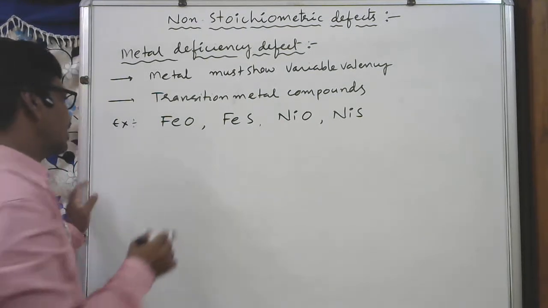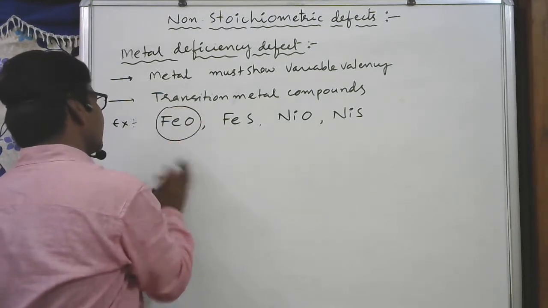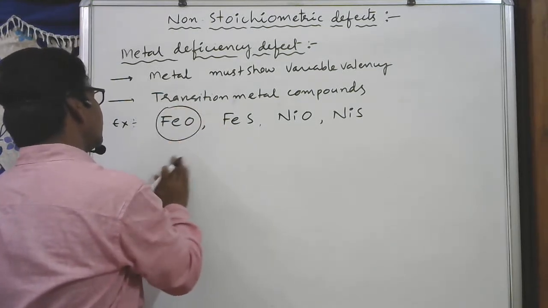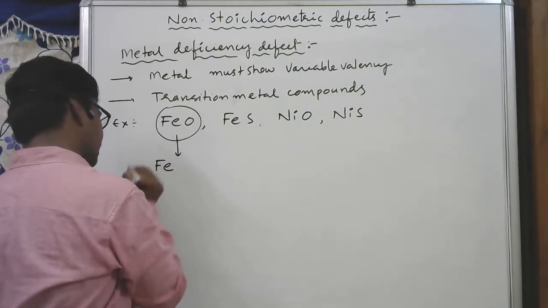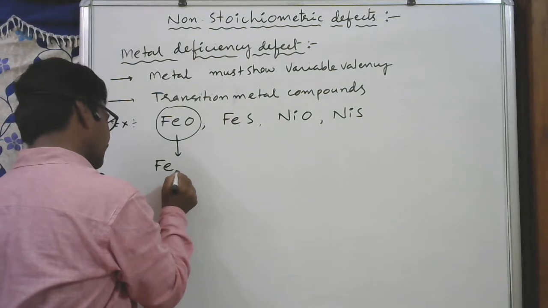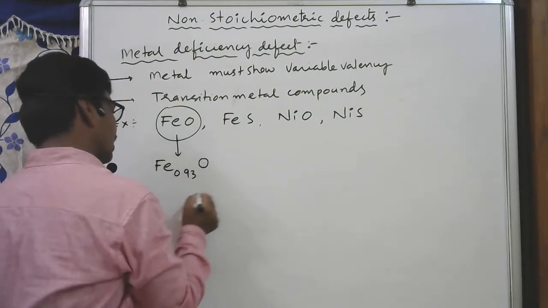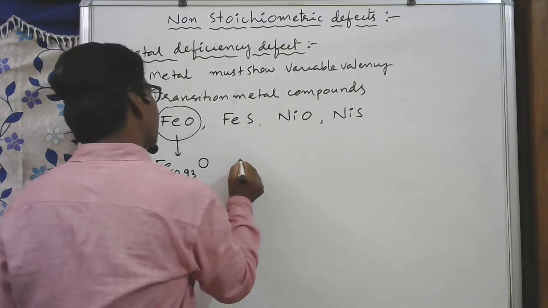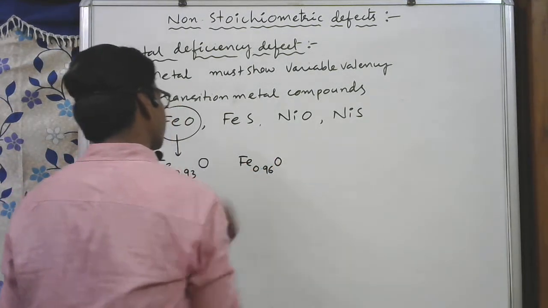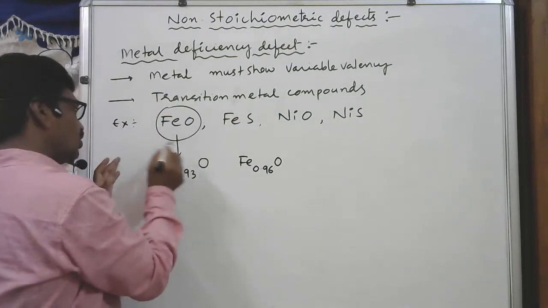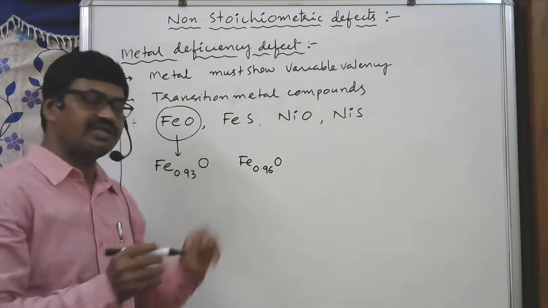So if you take iron, whenever it is heated, due to this defect the formula may change from Fe 0.93 O to Fe 0.96 O. That means the range of iron here is 0.93 to 0.96.